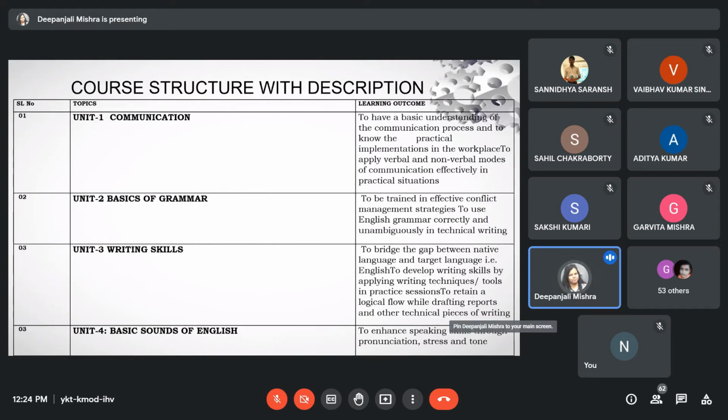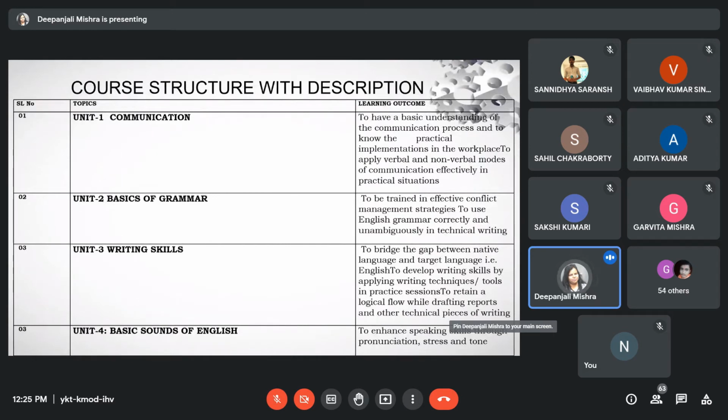There is communication which uses words and communication which does not use words, so we have to discuss that, and what the best expression is that we can follow in a professional workplace.